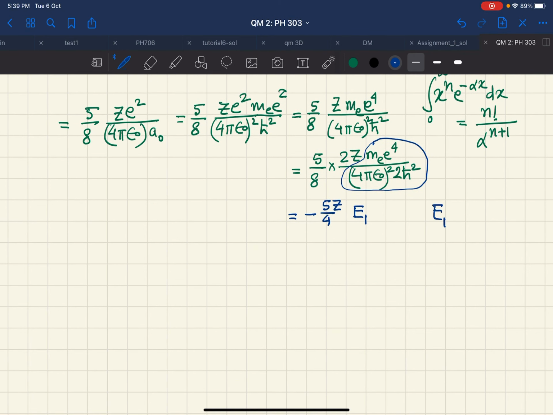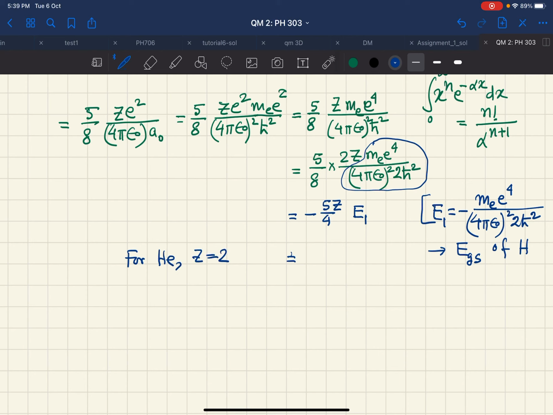E1 is minus me e to the power 4 by 4 pi epsilon naught whole square 2 h bar square, the ground state energy of hydrogen. So now it's clear. Now you just put for helium z is equal to 2.